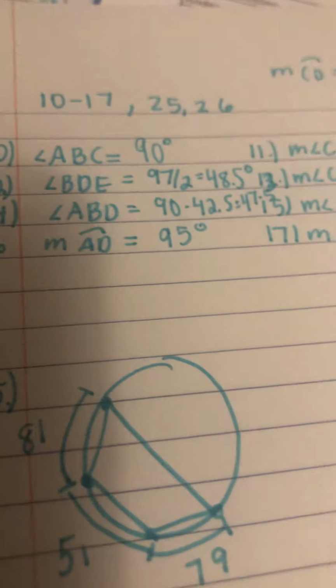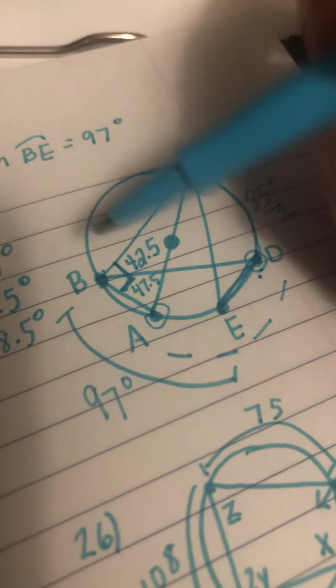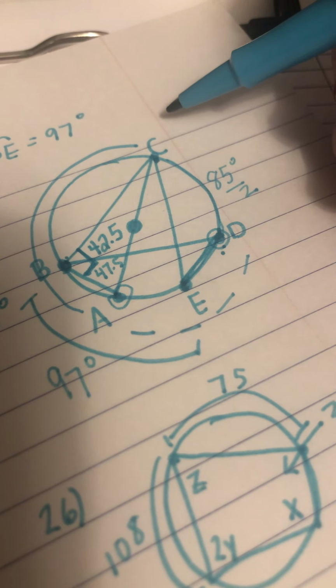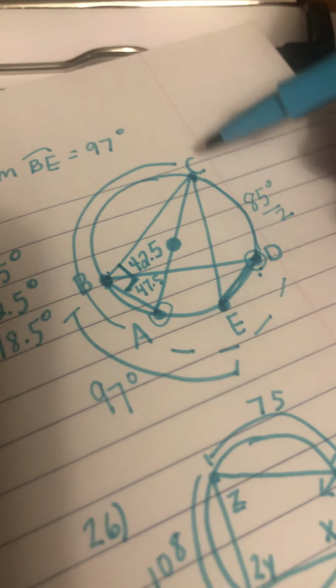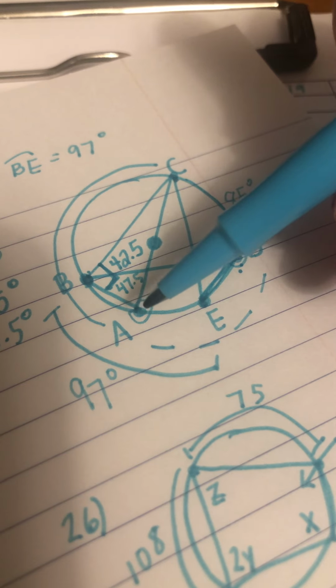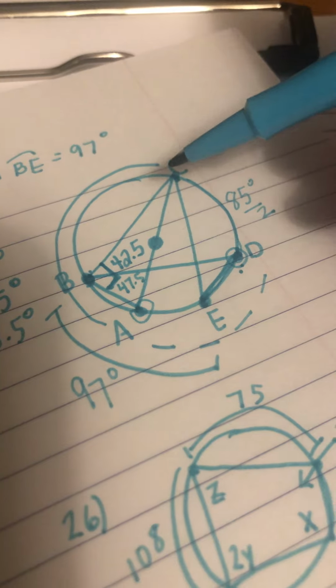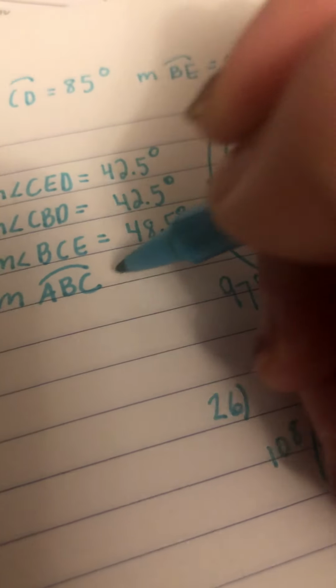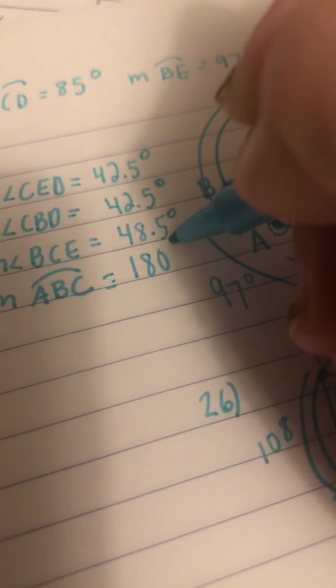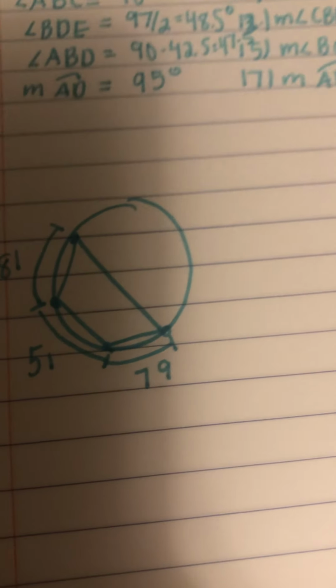For my last one, A, B, C, that goes around the other way. Where it's intersecting here all the way around to there, it's a semicircle, so this last one should be 180 degrees. Hopefully that'll help at the top. Maybe watch it a couple times if you need to.